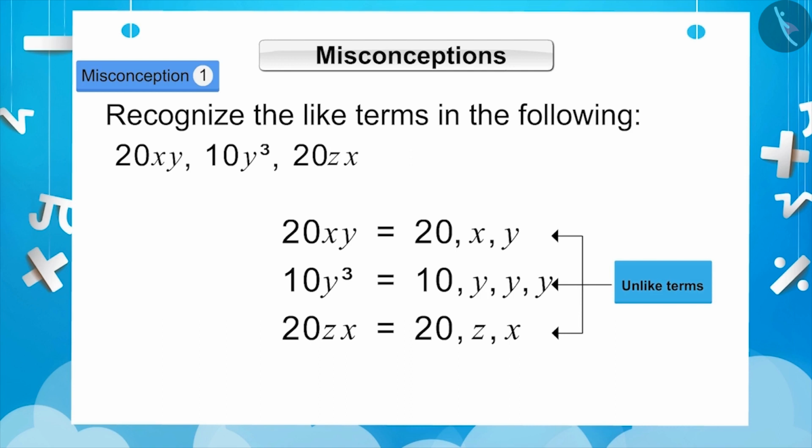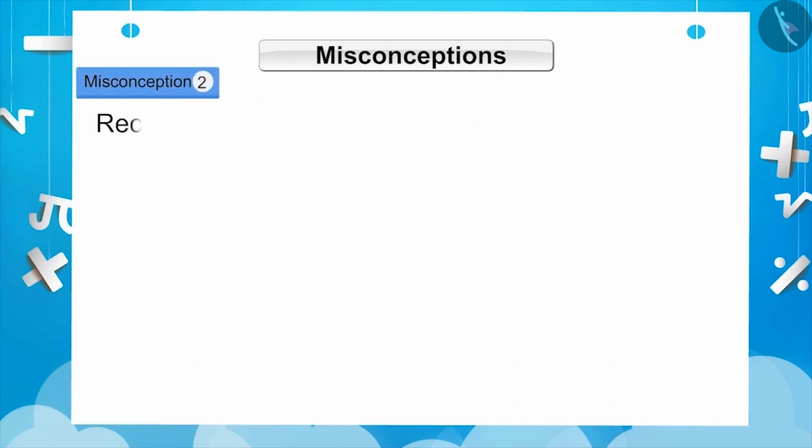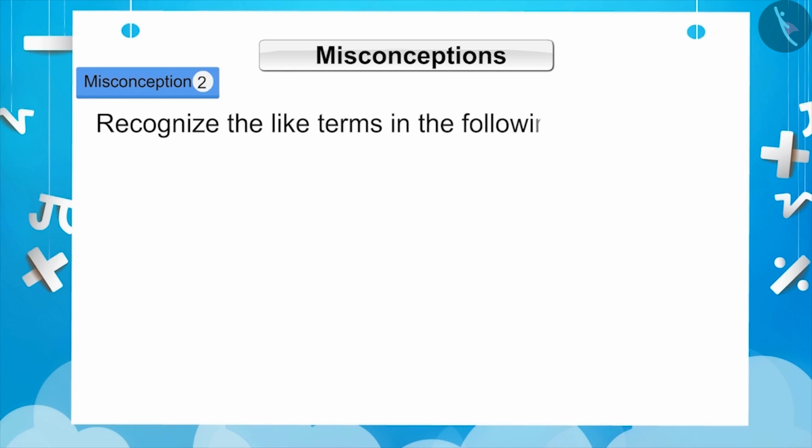Let us learn about one more misconception. Identify the like terms in the following: 7ab^2c, 15b^2ac, 3cab^2.